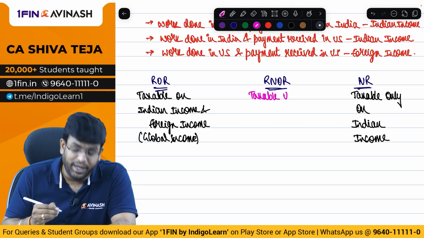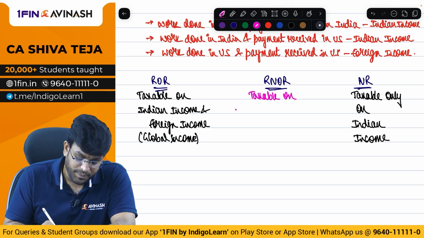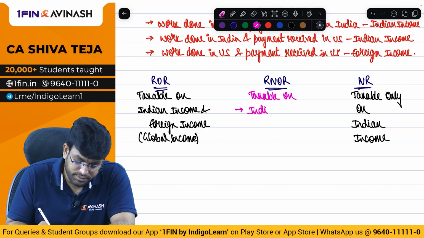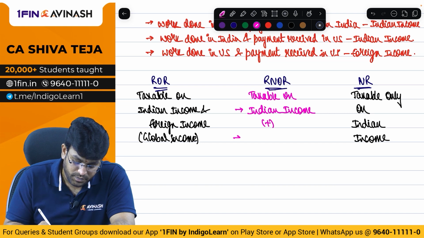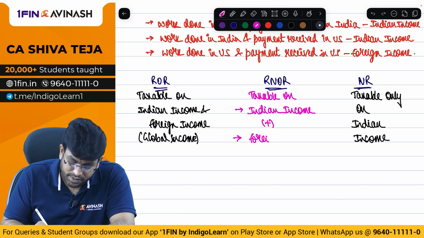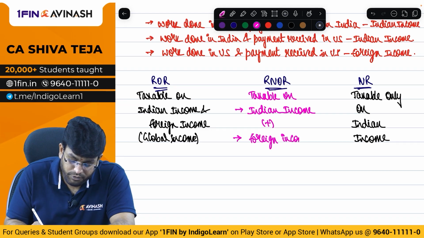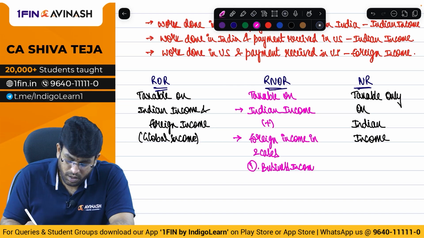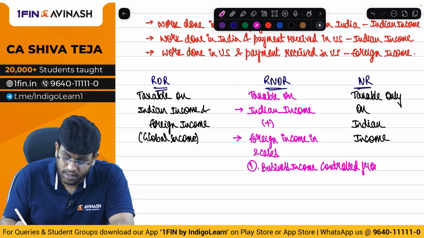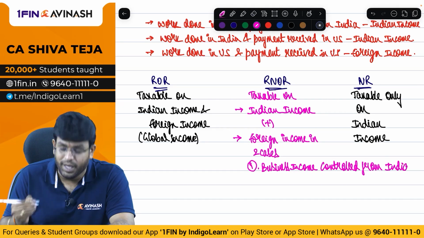RNOR, resident but not ordinarily resident. He is taxable on Indian income plus foreign income in two cases. Number one, business income which is controlled from India.